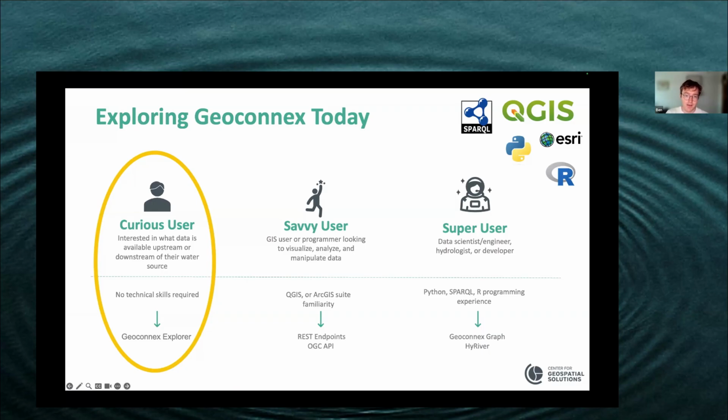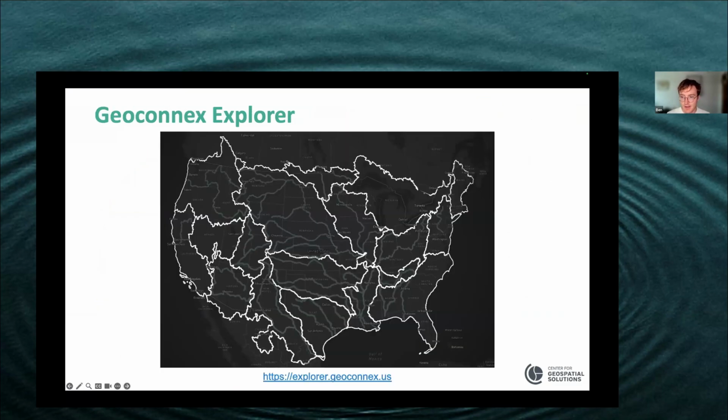So someone who doesn't really know how to code, so it provides a no-code way of exploring. It's still usable by savvy and super users. It's not meant to be the only way to access data. It is meant to be one way to access data within the entirety of the Internet of Water and Geoconnex itself. And so that brings us to the Explorer tool.